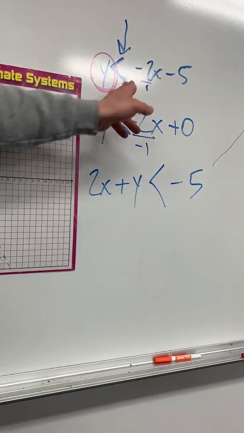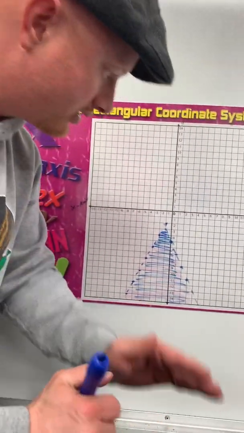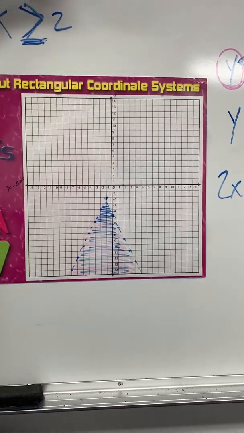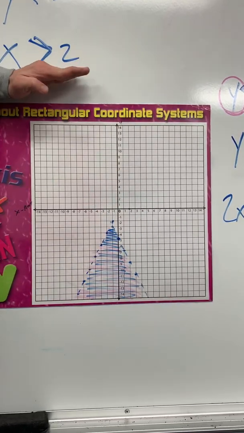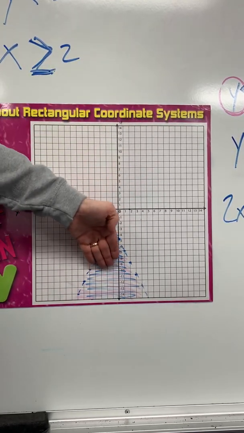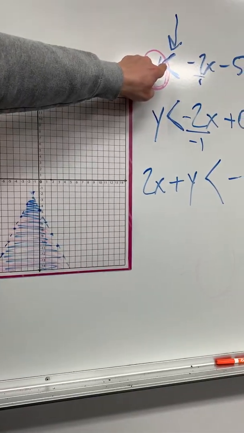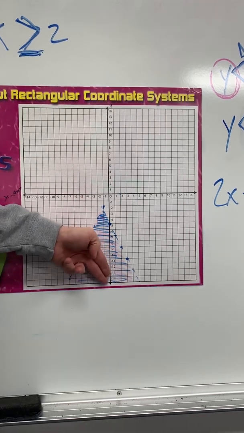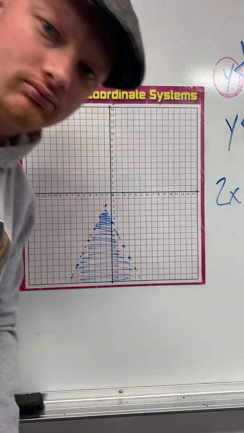This was y is less than, so when you're dealing with y, everything north of whatever line you have, everything above it is greater than, everything below it is less than. So if it says y is less than, you're going to shade everything south of that. Got it? Okay? All right.